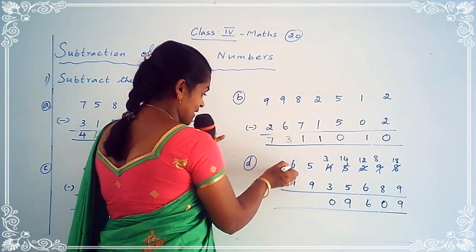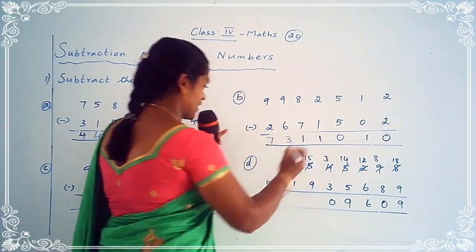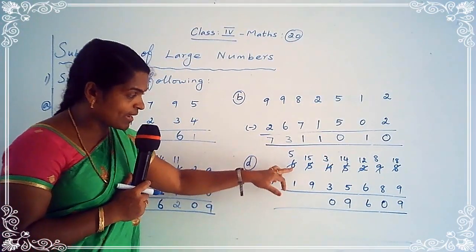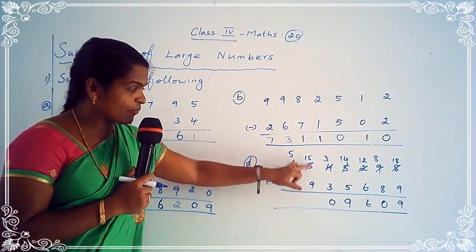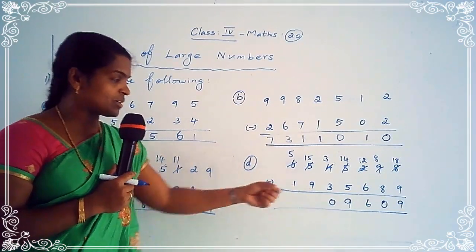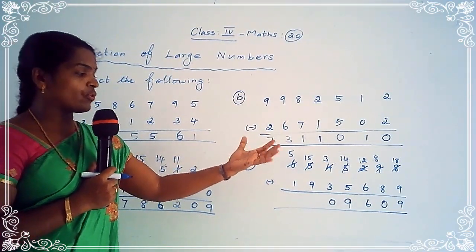Next place have 6. So 6 becomes 5, 5 becomes 15. Now you borrowed 1. Now 15 minus 9. 9 after 10, 11, 12, 13, 14, 15.